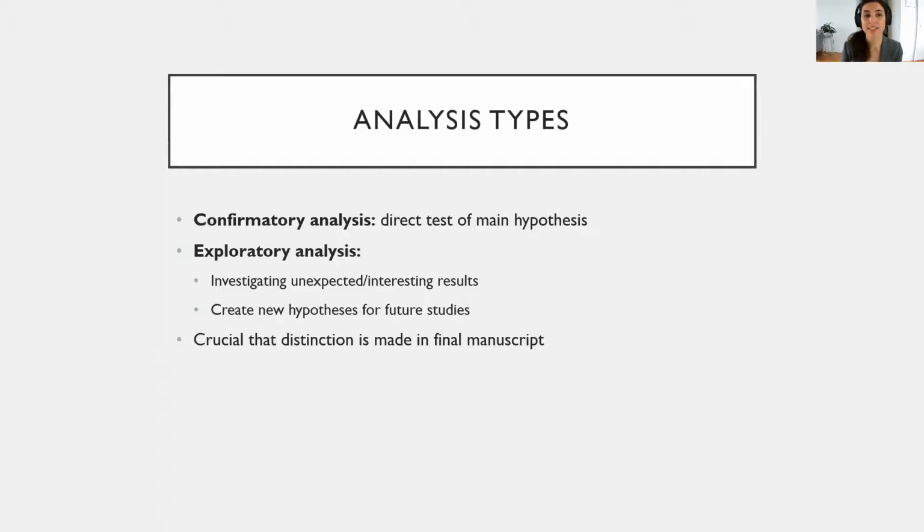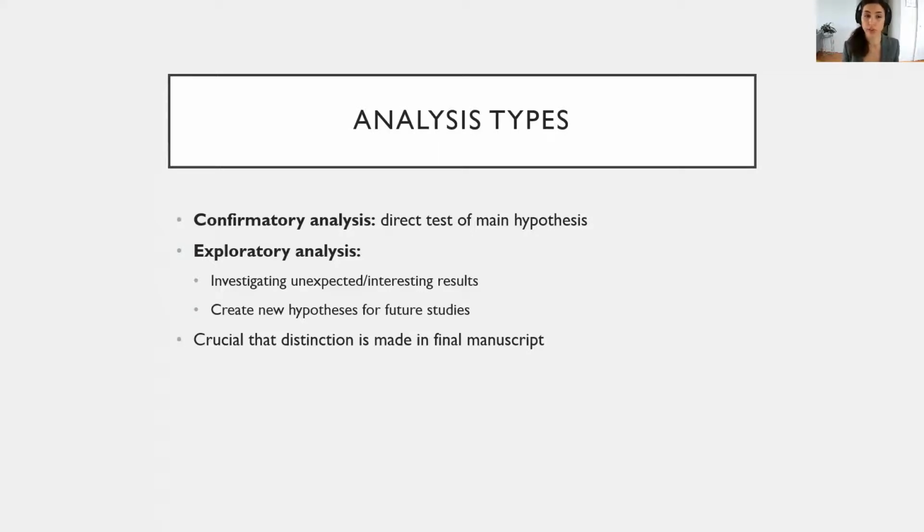But what's important is that you cannot claim anything you find during an exploratory analysis to be true, because it wasn't predicted at the beginning of the study. That's an issue of statistics we won't get into, but this difference between confirmatory and exploratory analyses is very important, and it comes from pre-registering your study.